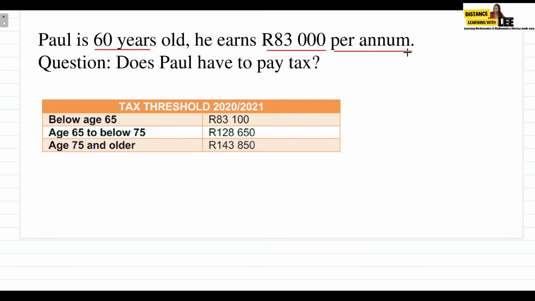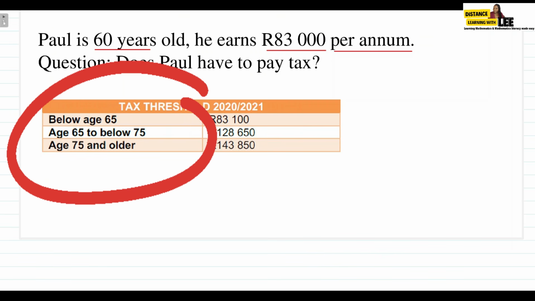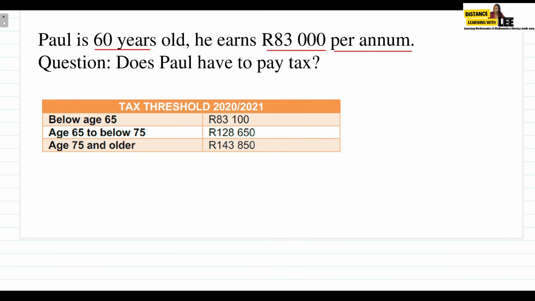To answer this question, we need to look at our tax threshold table. In the left column, we are given the age. If you are below the age of 65 years, meaning 64, 63, 62, the tax threshold is 83,100. If you're between the ages of 65 and below 75, the tax threshold is 128,650.